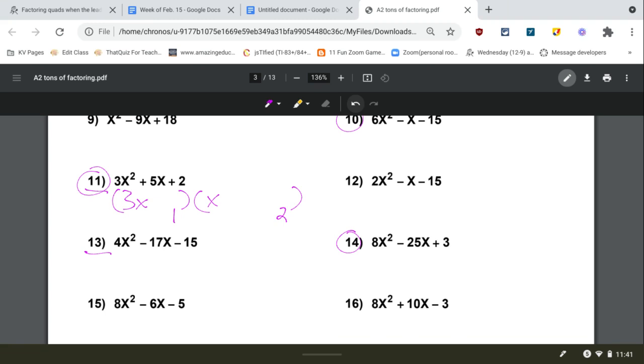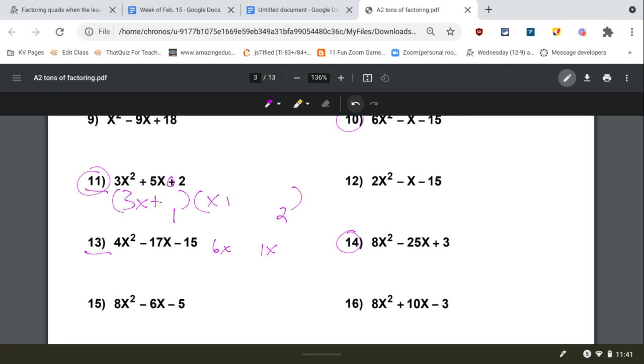Let me look for a second. See, it's weird because if I was to multiply this out the way it is right now, 3x and a 2 would give me a 6x, and then a 1 and an x would give me a 1x. And that kind of does feel like it could give me a 5x, but we got to remember on this one, it's the same signs and they're both positive.